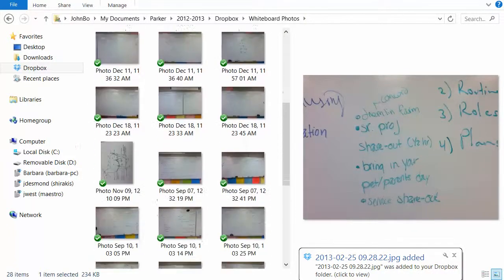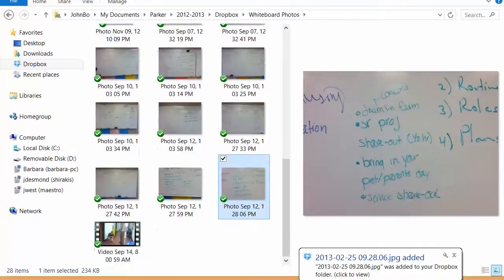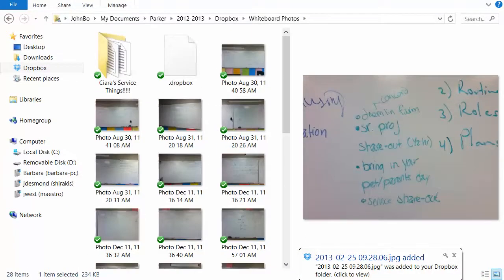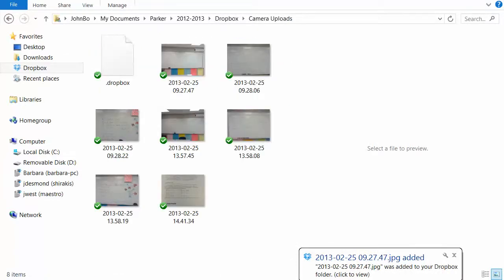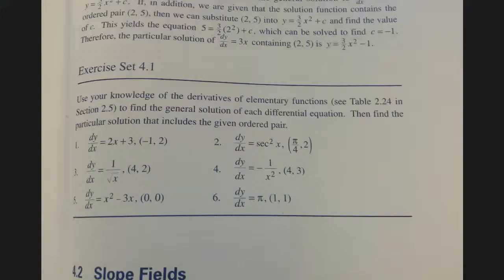Hey, look at that. There was another photo called camera photos? Awesome. Cool.